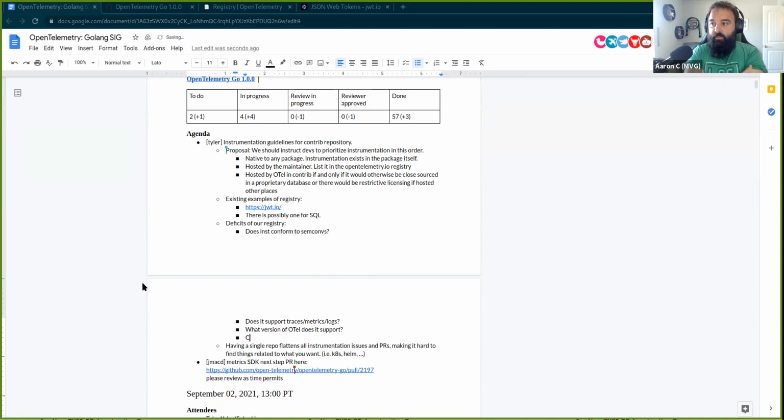What I would recommend us do is kind of create a path to get to the different things. Like, what does a project need to do to satisfy our requirements to be able to include it in contrib?